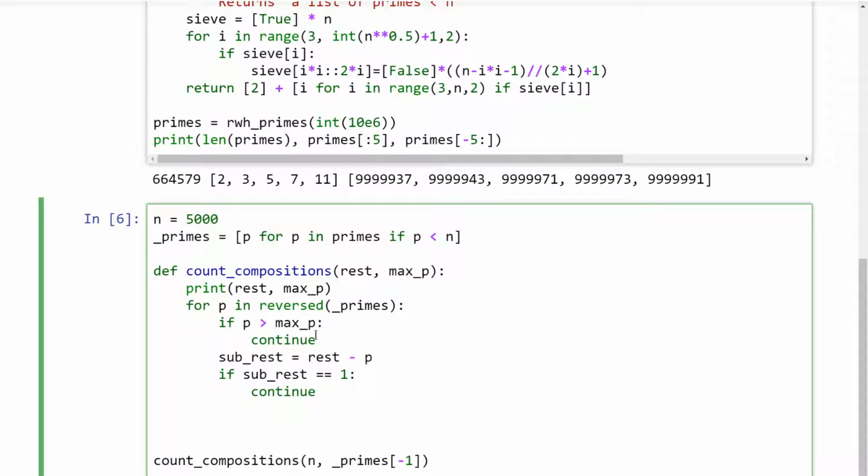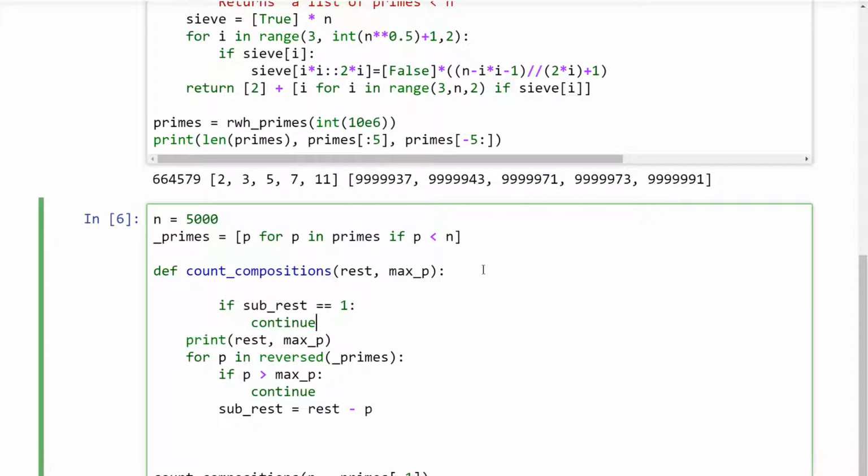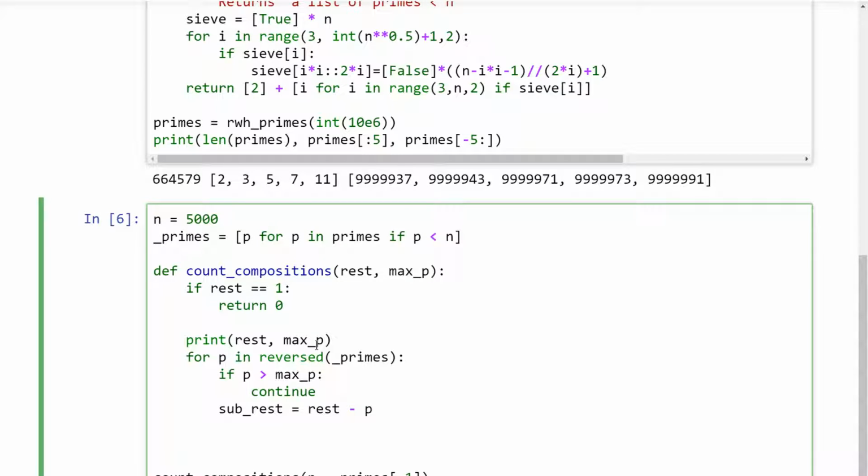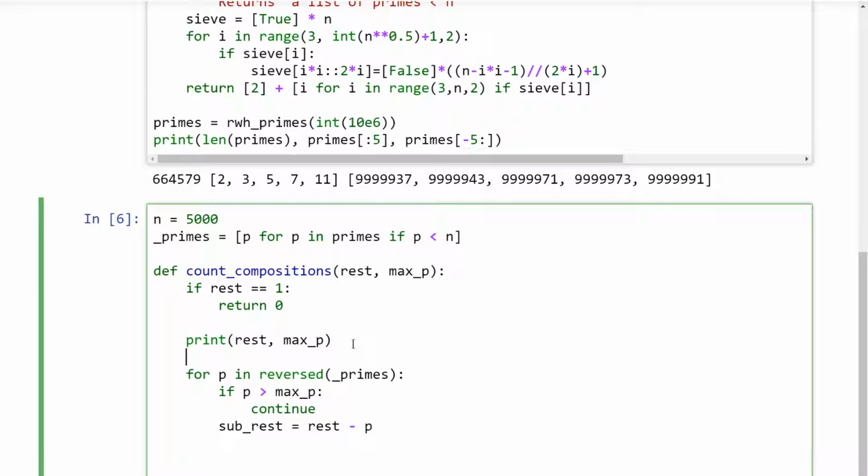Maybe we can just check if sub rest is in primes. Okay, so let's do it like this. I guess we return 0. Okay, so we're doing counts, and here we're doing counts plus equals count compositions.